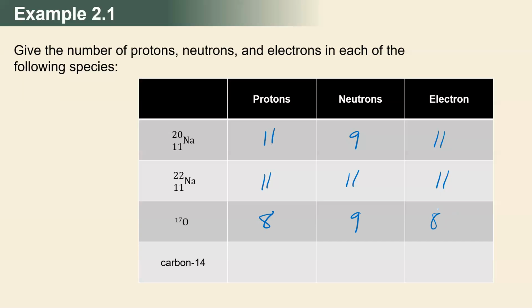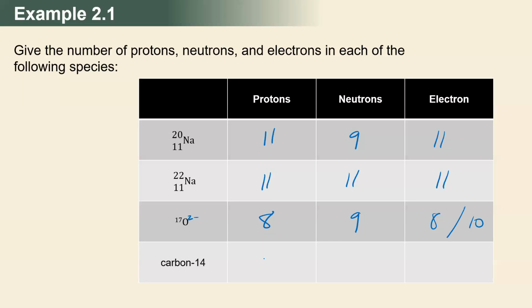Okay. If I made this oxygen 2 minus, how many electrons would I have? 10. 10, right. So remember, adding negative charge means we're adding electrons, not taking them away, right? And so if it were 2 minus, that would be 10 electrons.